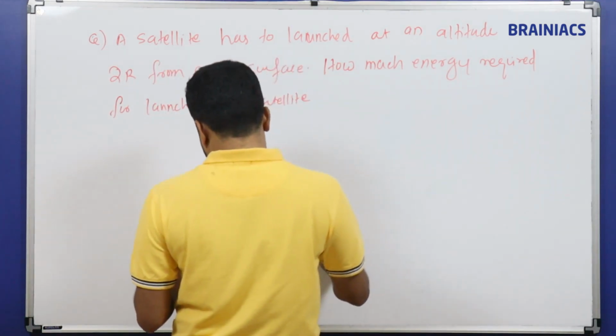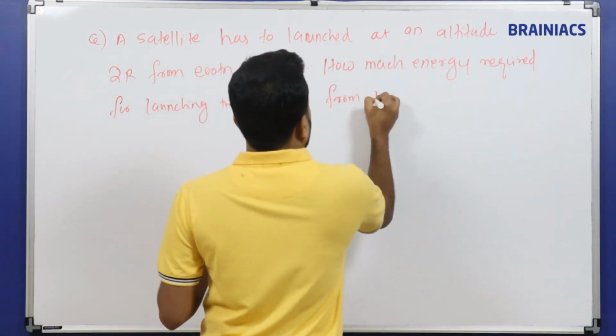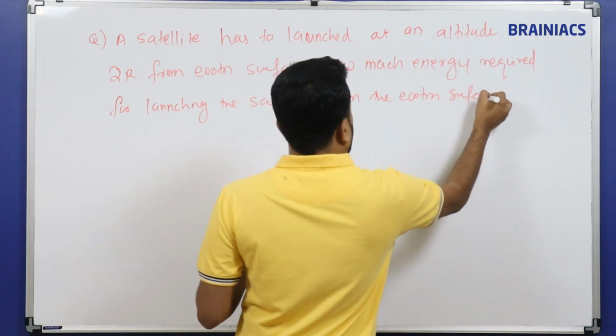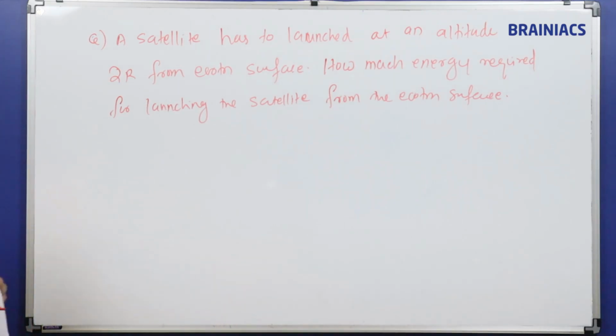How much energy is required for launching the satellite from the Earth's surface? A satellite has to be launched at an altitude of 2r from the Earth's surface.